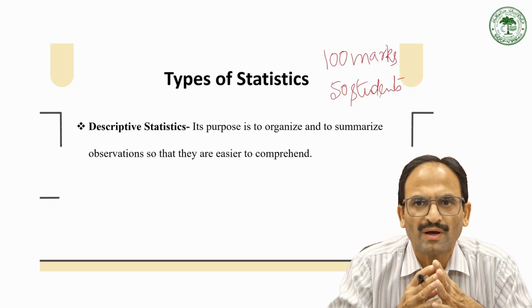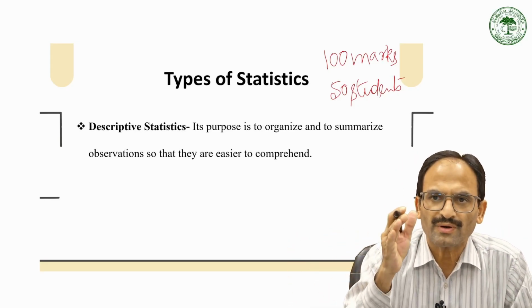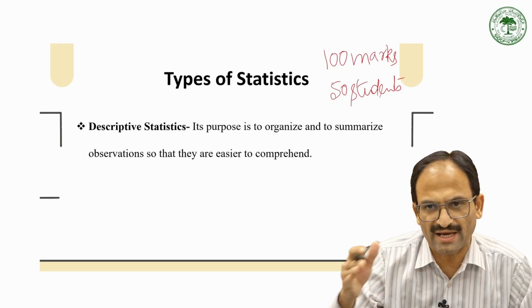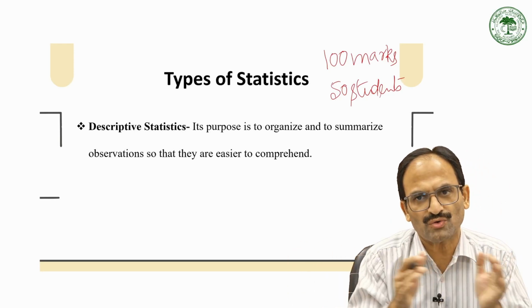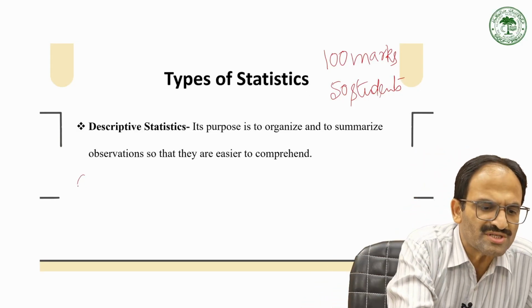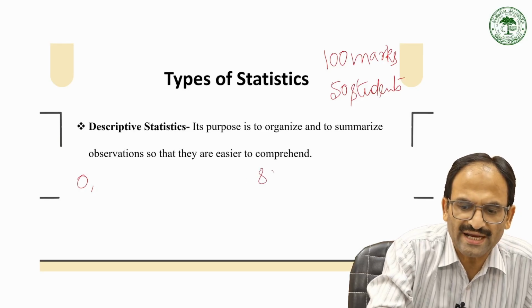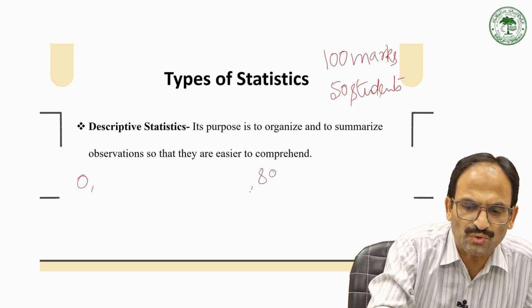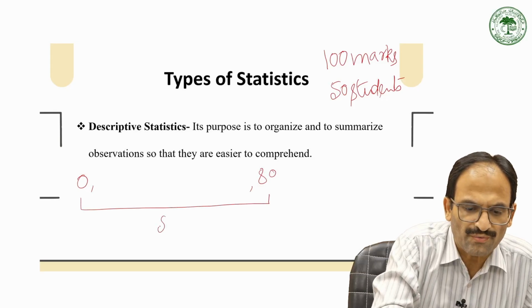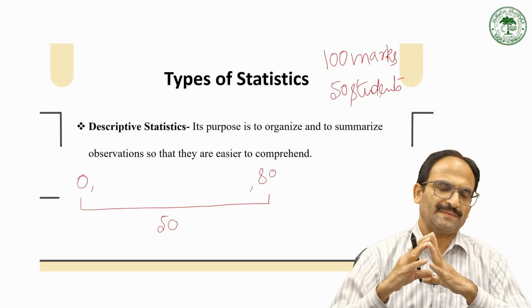Now you arranged the score in ascending order, that is, from lower order to higher order, you have arranged all the scores. So you have got that the lowest score is 0, whereas the highest score is 80. So all the 50 scores vary from 0 to 80.